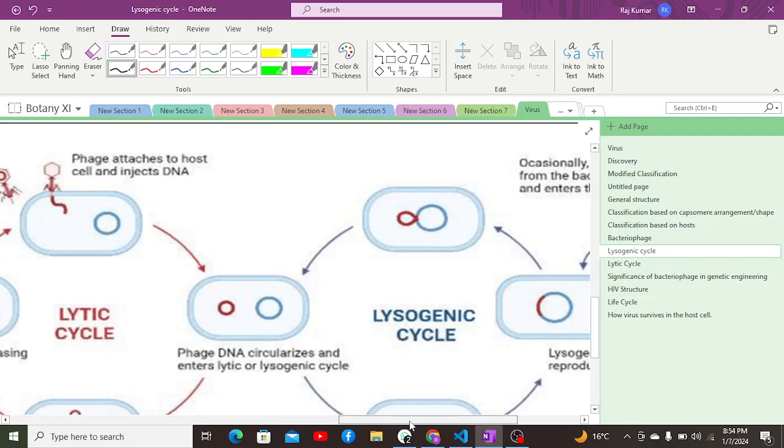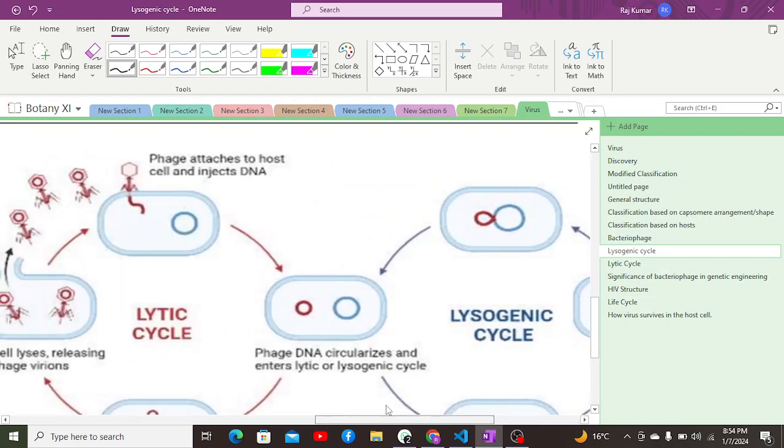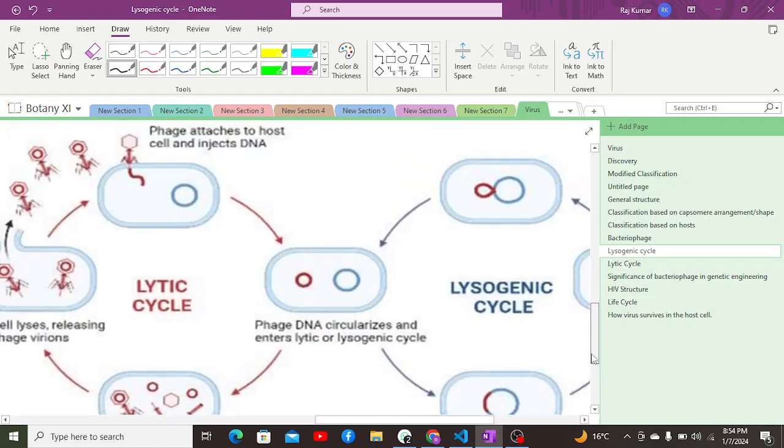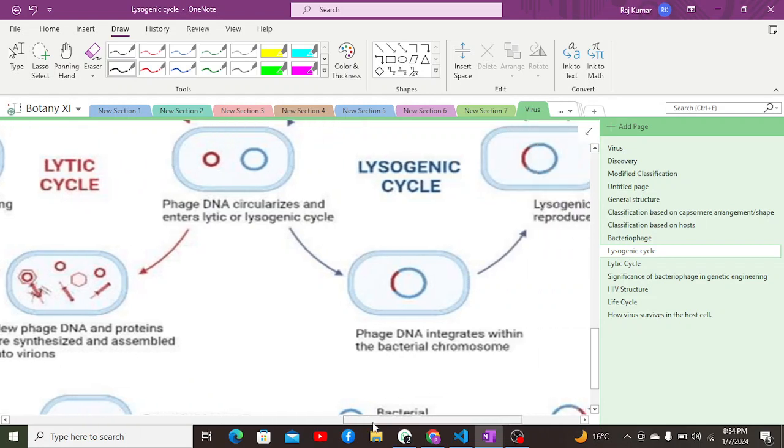The first process is binding and penetration, same as the lytic cycle. After that, they incorporate their genome with the host cell's genome. As a result of integration, a new genome is formed which is known as the prophage.